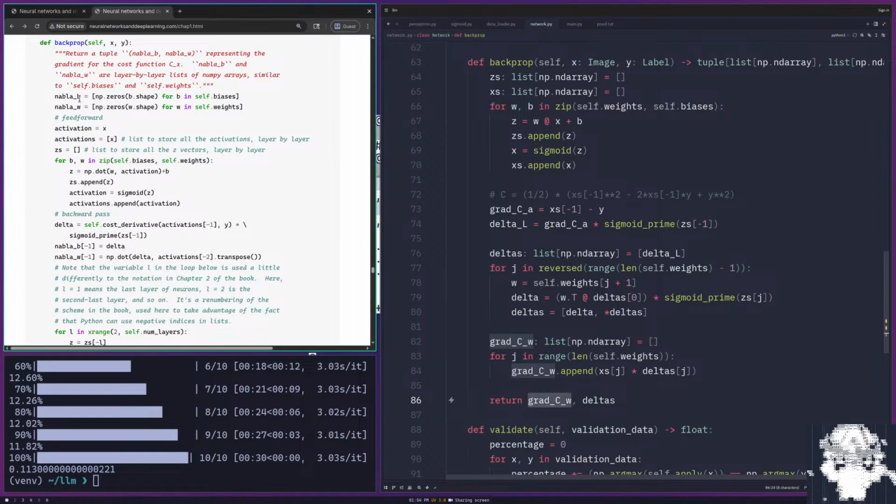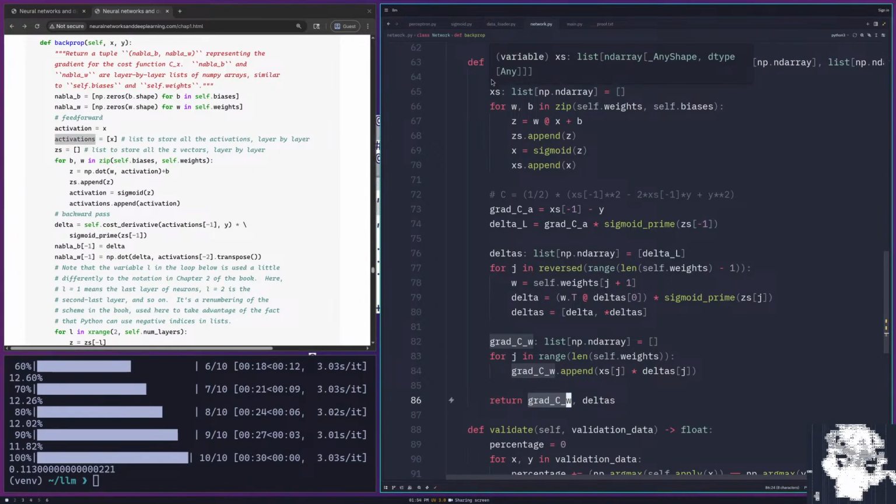Okay, so they start them as zeros of the right shape. Then activations starts at X. I had this for a bit, and then I got rid of it because I ended up not needing the first one. So they've got the Z's and the activations. I have the Z's and the activations.